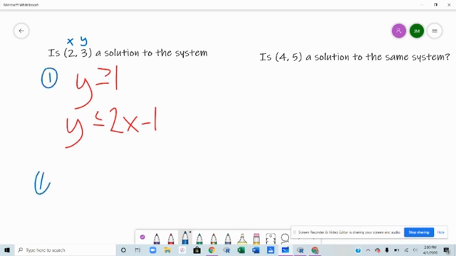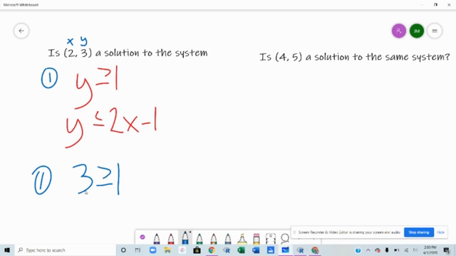It says y is greater than or equal to 1. So you're going to take your y value as 3 and plug it in for y. So I'm going to have 3 is greater than or equal to 1. There is nowhere for my x to go, so I don't need it for this first one.